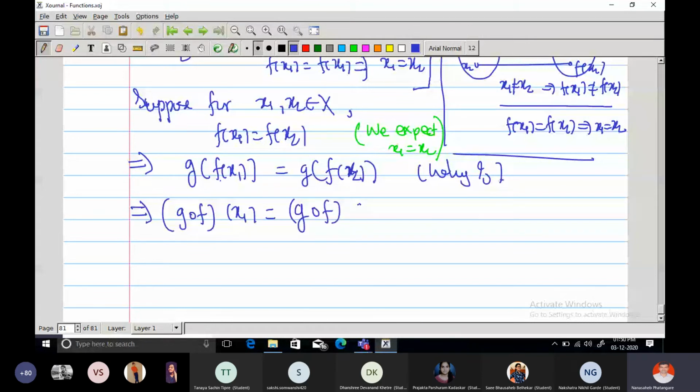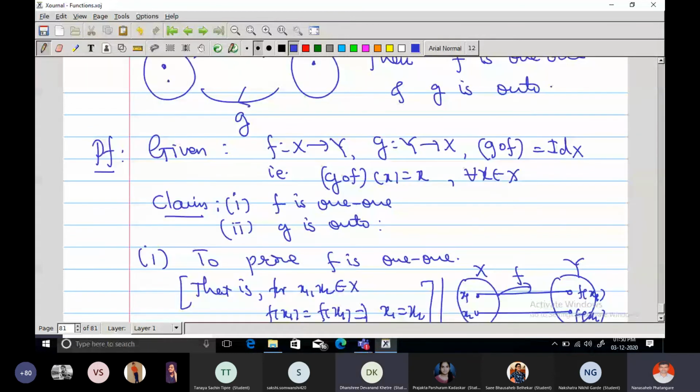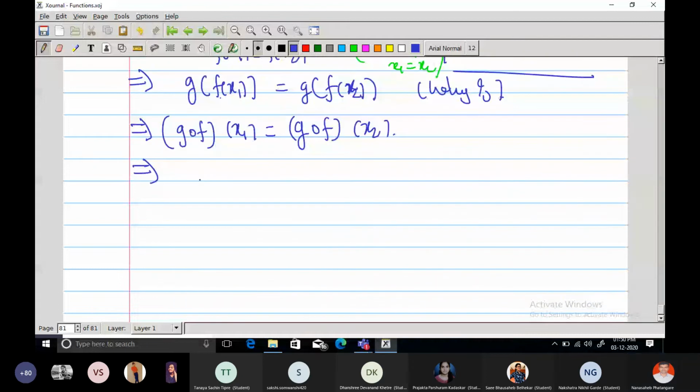What is our assumption? g composite f is the identity, so g composite f of x is equal to x for every element. Therefore, what is g composite f of x1? It is x1, and g composite f of x2 is x2.